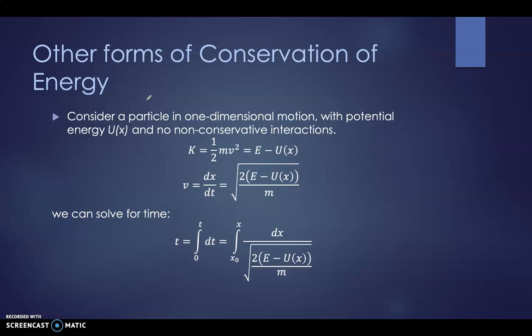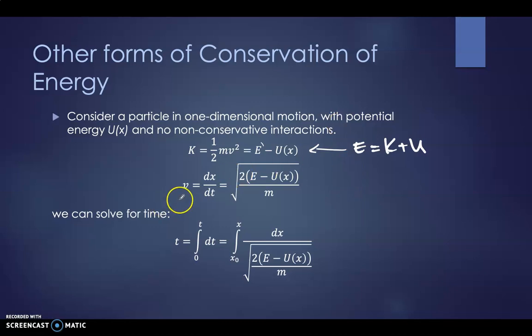Okay, so in this case, remember we have E equals K plus U. So we can go ahead and solve that for kinetic energy here. Okay, so kinetic energy is 1/2 mv squared, and so we'll say that's equal to our energy minus U, so that makes sense, right?